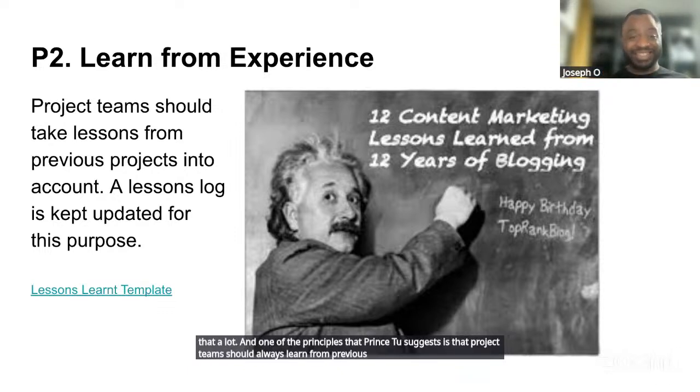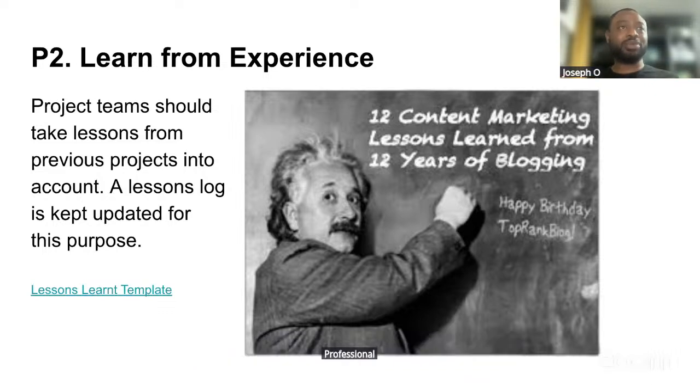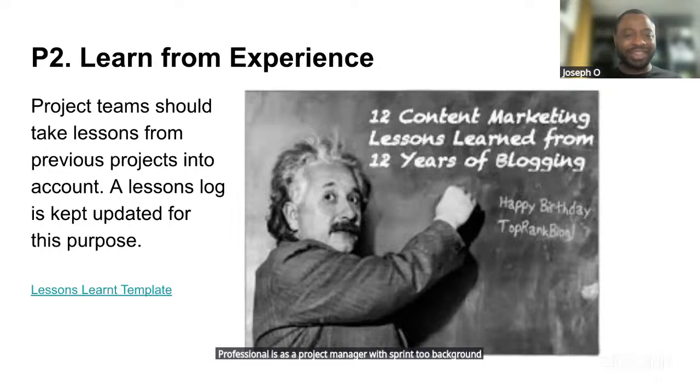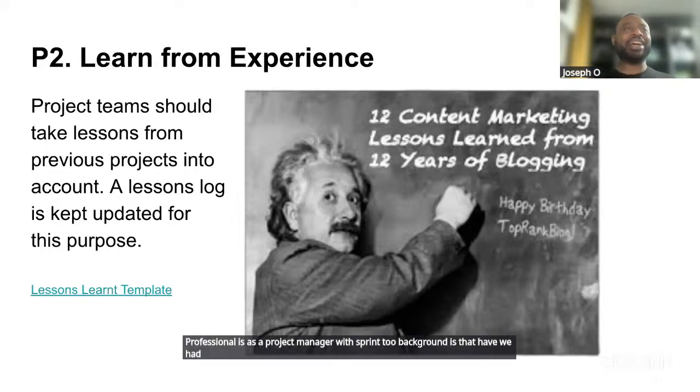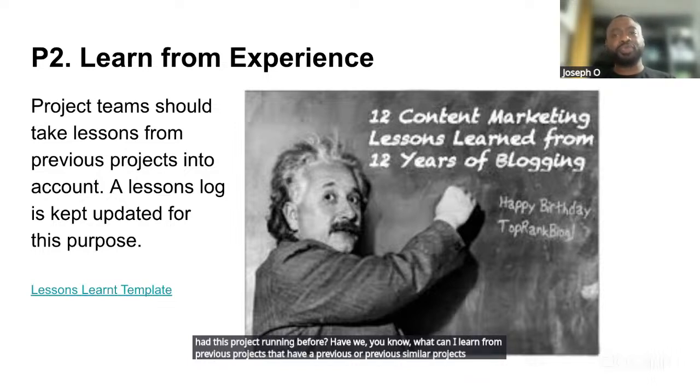So if you're starting a new project, one of the things as a PRINCE2 professional, or as a project manager with a PRINCE2 background, is to ask: have we had this project running before? What can I learn from previous similar projects that I'm about to institute or initiate?